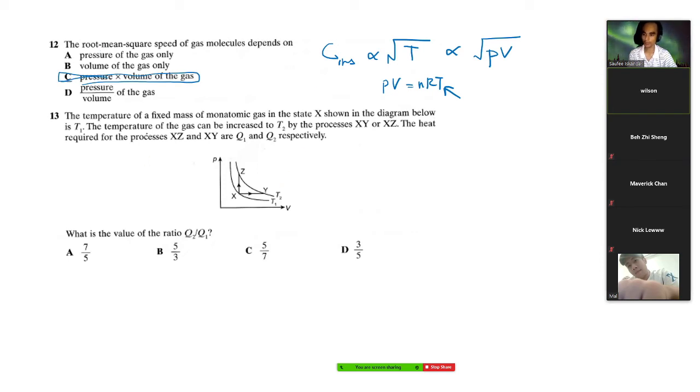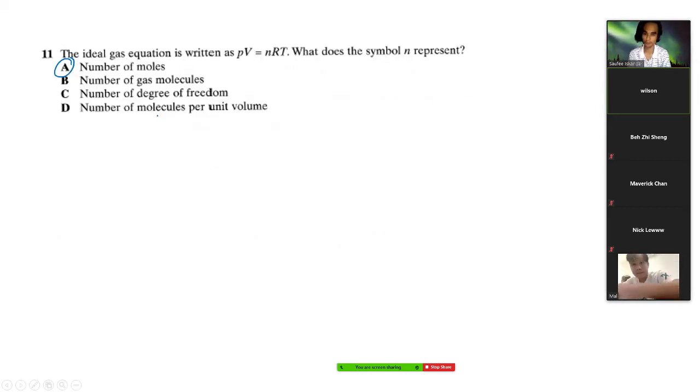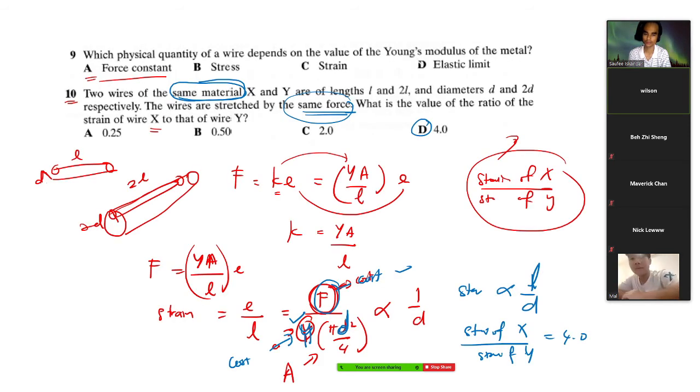Number 13. Can I see question 11 again? Question 11, A. Ours was 10, just now. Answer is 4. Stress over strain.